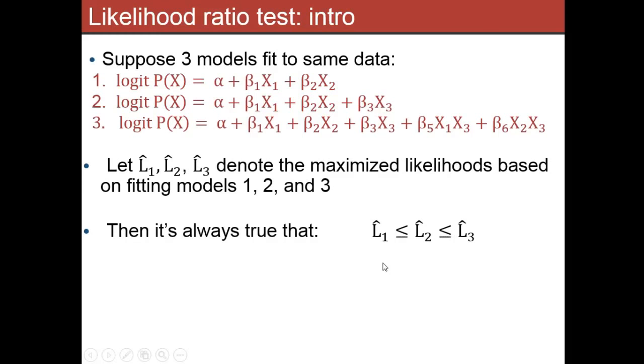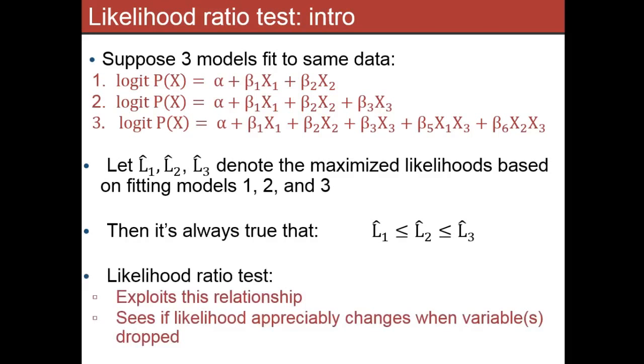And so we're going to use this idea for hypothesis testing. The likelihood ratio test is going to be like that R squared test, exploiting this relationship that for a given set of data, the smaller models have lower likelihoods than the bigger models. We're going to look at the likelihood changes when these other things are in the model or not.